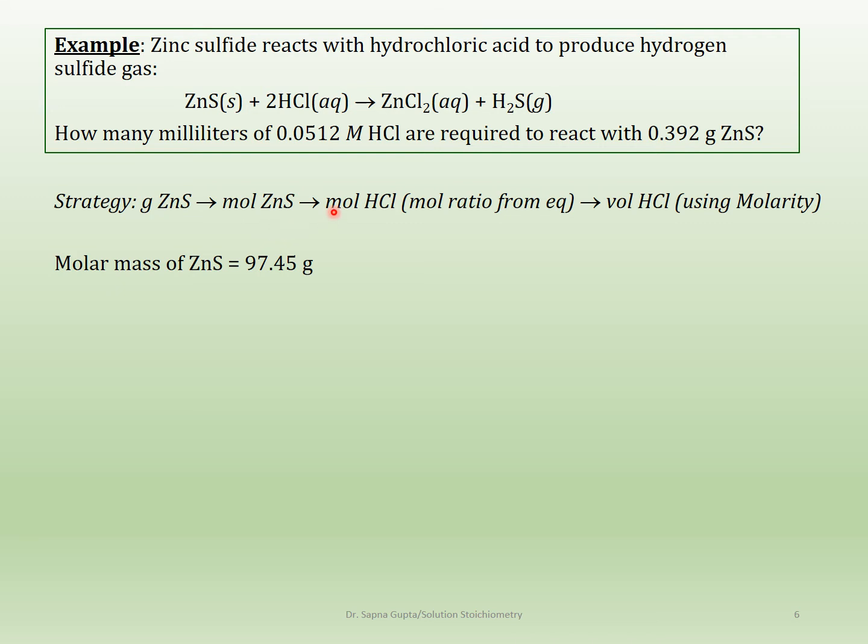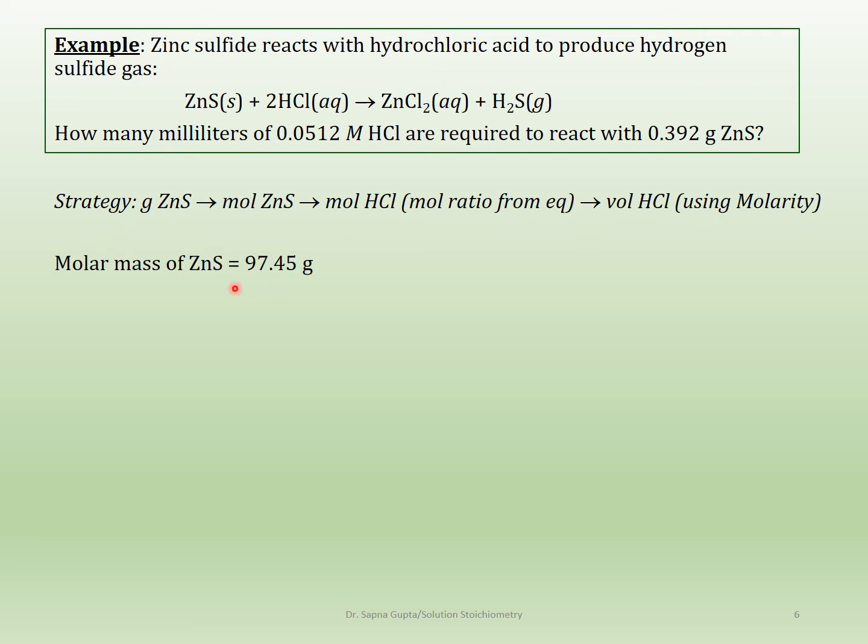Then you find the moles of HCl that will be required, and this is going to come from the balanced equation as usual. And then from the moles of HCl, you find the volume of HCl. And how do you find this? You use the molarity that is given to us to find the volume of HCl used. So that is our strategy.